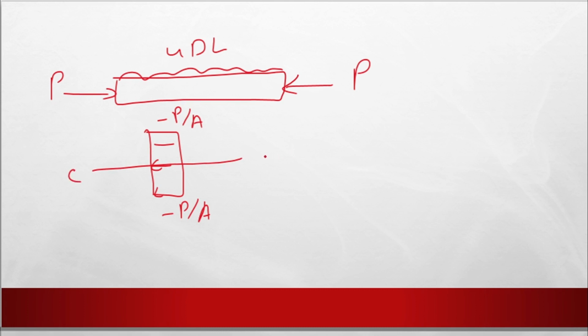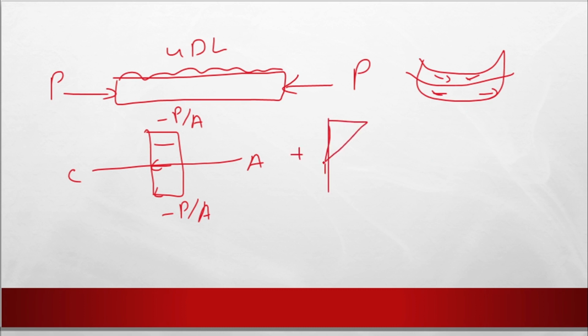And the UDL will bend the beam like this, so the upper is compression and the bottom is tension. If we add this one with this, this is plus M y by I and this is minus M y by I. So the net of minus and minus will be plus, and this will go here.